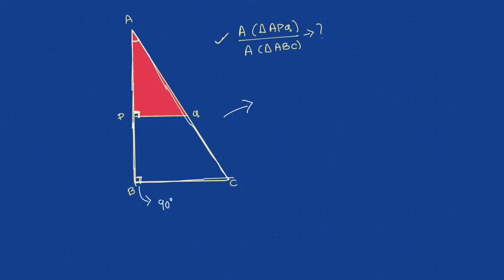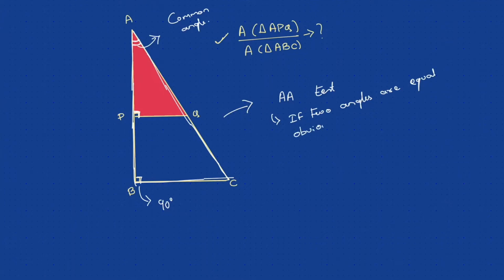Angle P will be equal to angle B, right? Angle A will be equal in both APQ as well as ABC. Why? Because this is a common angle. I proved by the AA test that the red triangle, which is APQ, is similar to the bigger triangle, ABC. How did I prove that? Angle P is equal to angle B, correct?